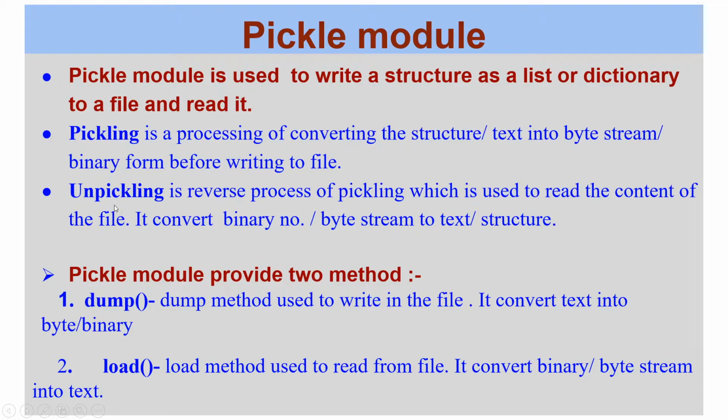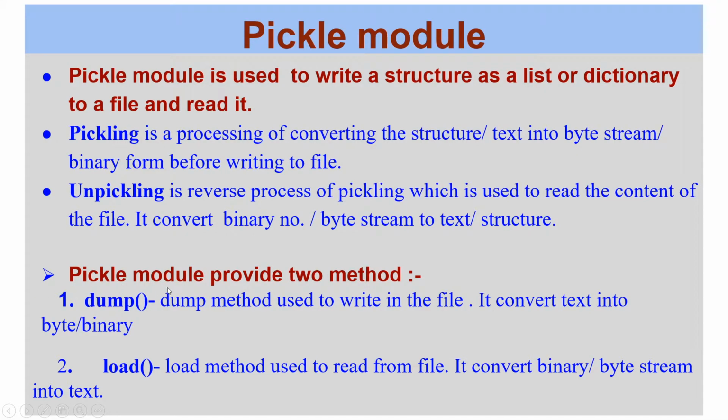Because data is stored inside a binary file in the form of binary numbers, we cannot understand the binary numbers. So through this unpickling process, we can convert binary numbers and the byte stream to text or structure. Unpickling is the reverse process of pickling. Pickling converts text into binary and unpickling converts binary into text.